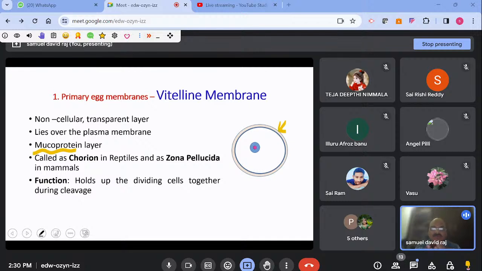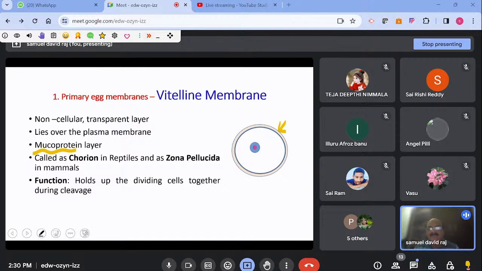It is called chorion in reptiles and zona pellucida in mammals. Whether it be chorion or zona pellucida, this is the one which recognizes the sperms of the same species.